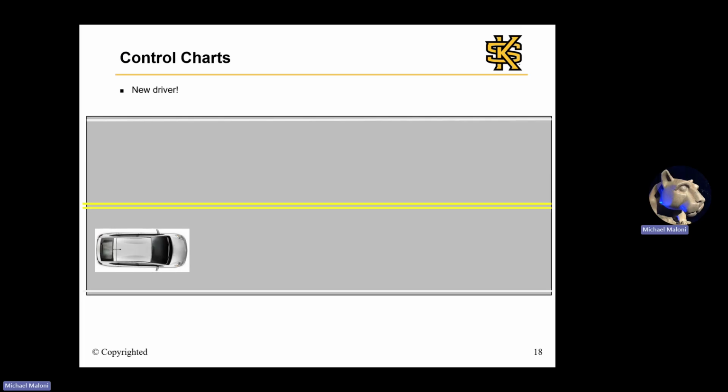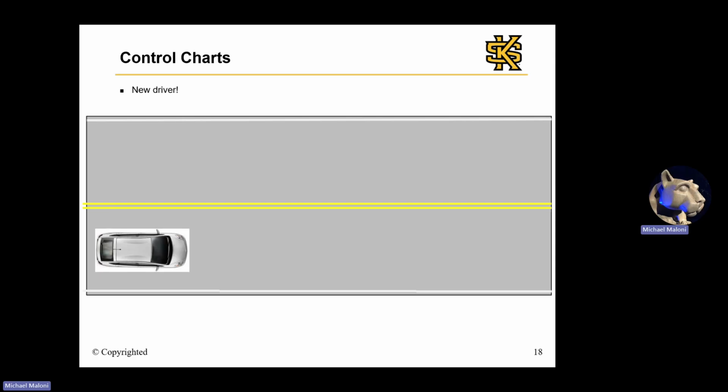Well, to start, we definitely don't want them crossing the yellow line on the left side of the road. And if we think of the left side as the top of our control chart, this represents the upper control limit, the UCL. But we also don't want them crossing the white line on the right side of the road.